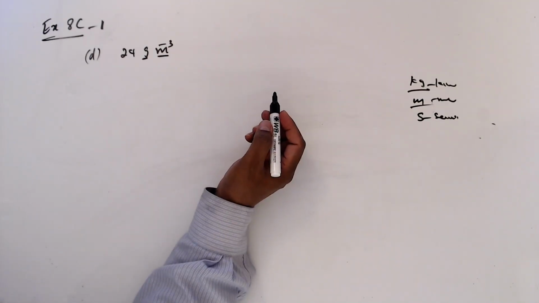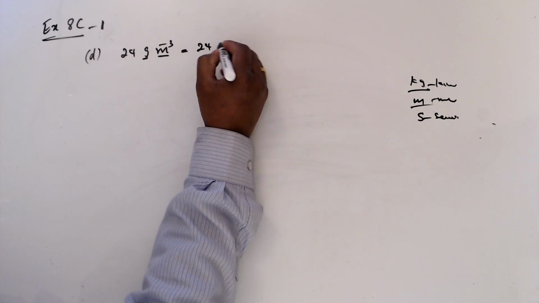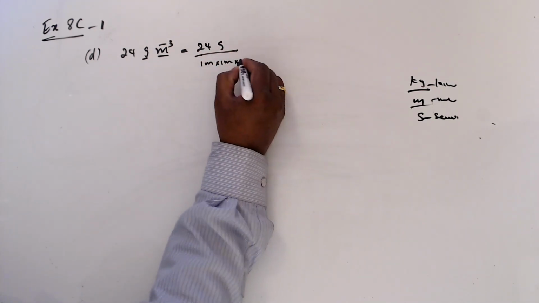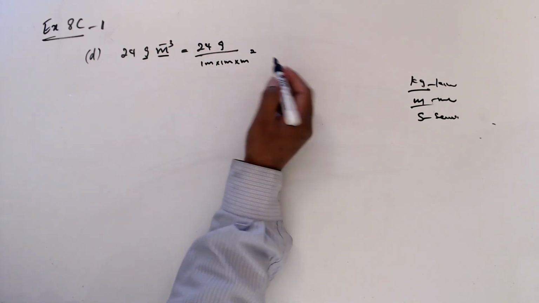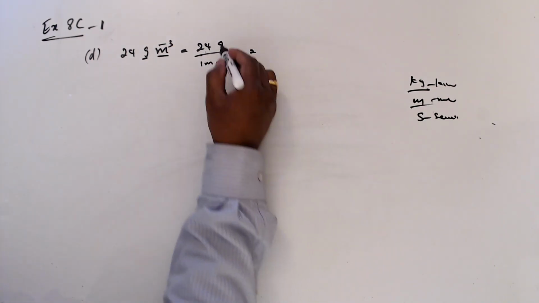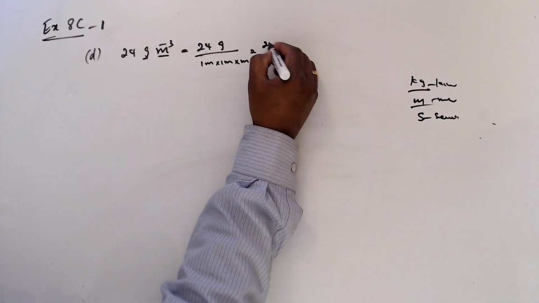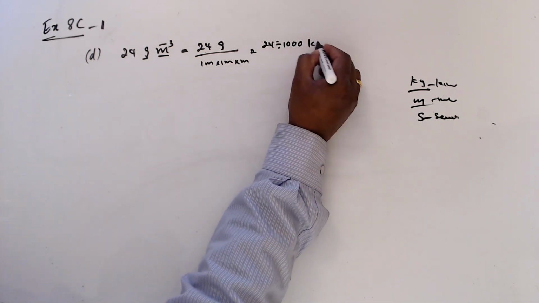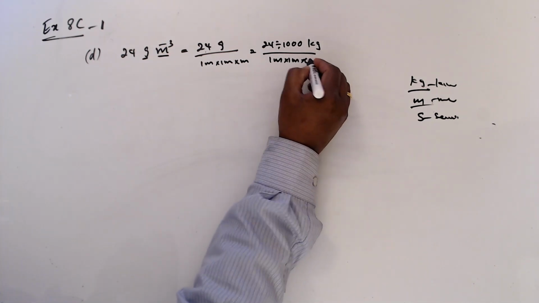So I need to make this gram into a kilogram. So at present it is in this form, 24 G, and 1 meter times 1 meter. Sorry, 1 meter, and 24 I need to make into a kilogram. So 24 divided by 1000, then it becomes kg, and now I will leave as it is everything.